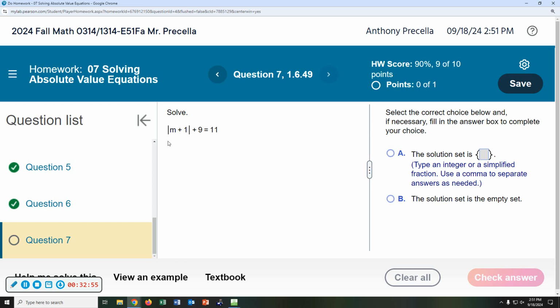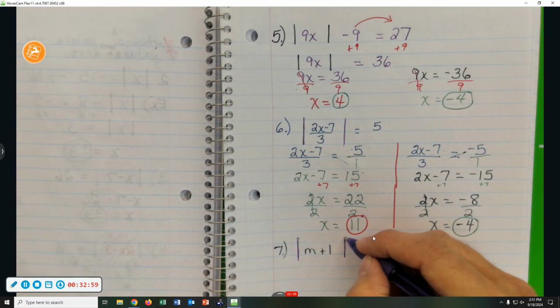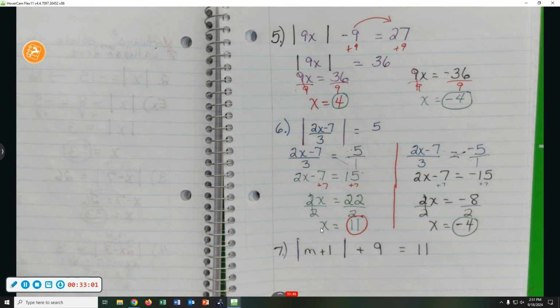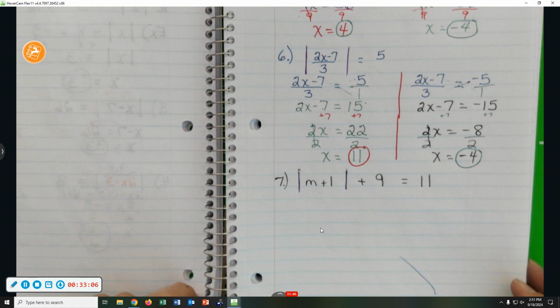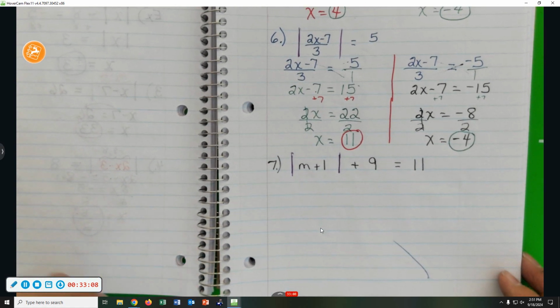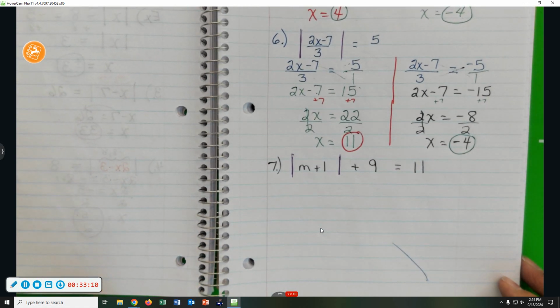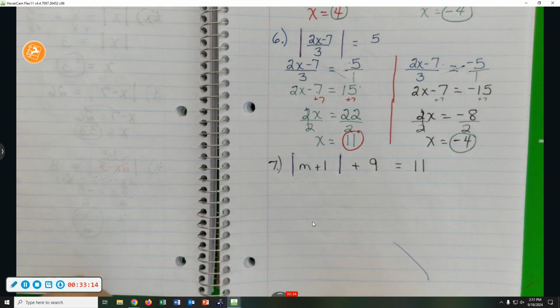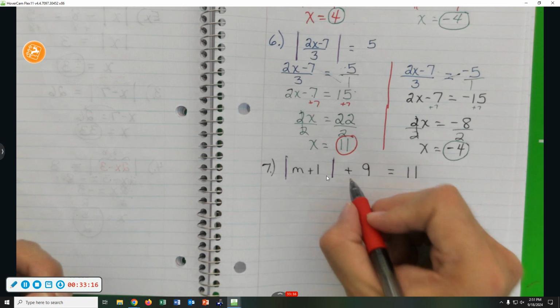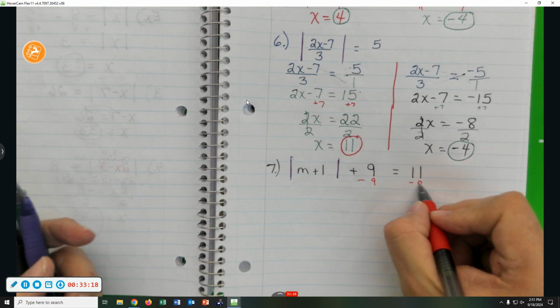I'm trying to make these absolute value bars a little bit bigger. I don't want it to look like 1m plus 11. There's only one correct first step to this problem. Minus the 9. Yes. We need the absolute value isolated before you do anything else.